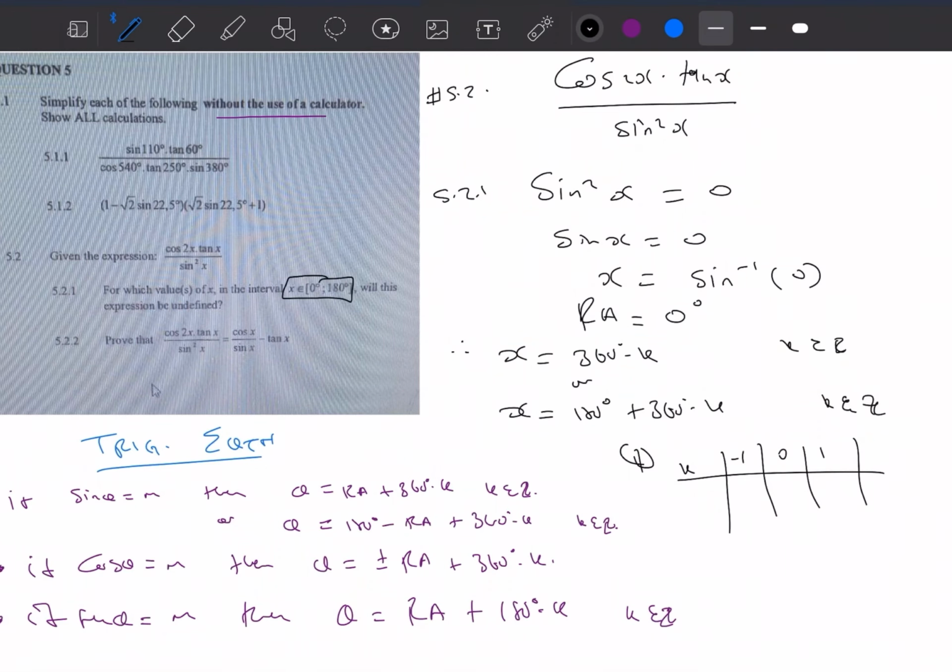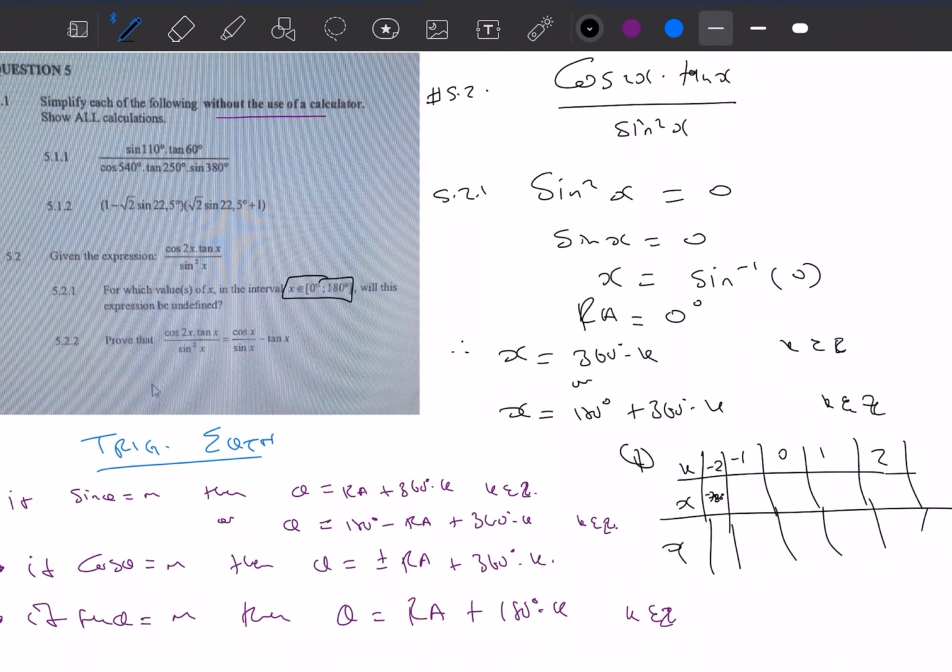Now, let's take -2. In my mind I see why I should take -1, but let's take -2 just for argument's sake. If k is -2 in the first equation, what do you get? 360 times -2, you get -720.